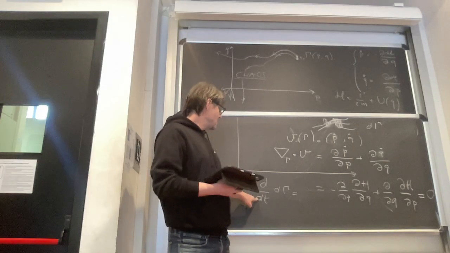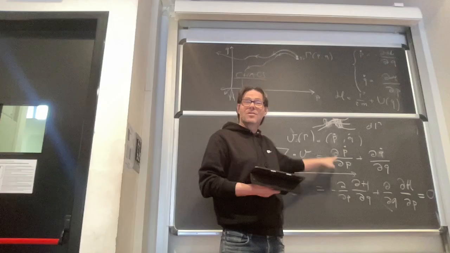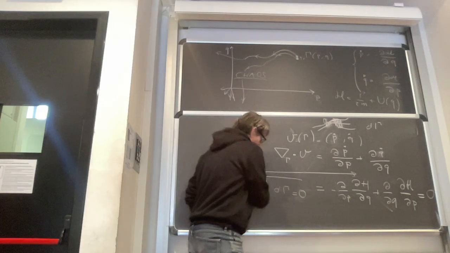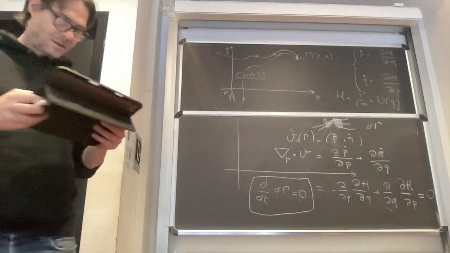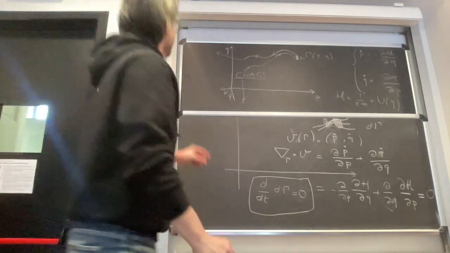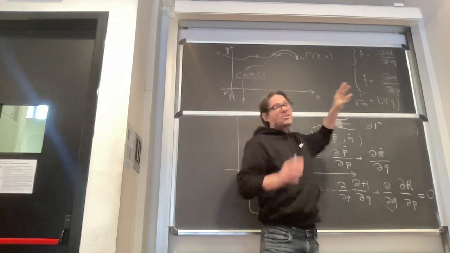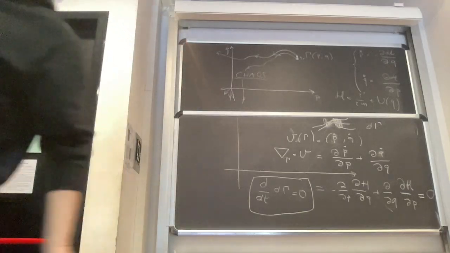But if I do that, I get exactly this term on the right hand side, which is 0. So I get this fantastic result, aka Liouville's theorem, that says that the volume in which these trajectories move in phase space is conserved.